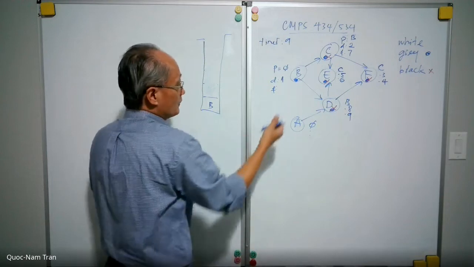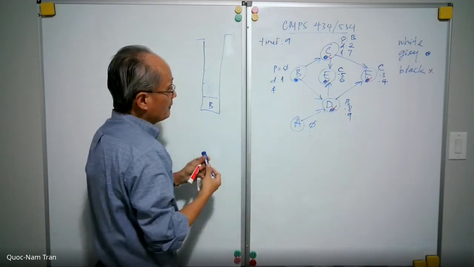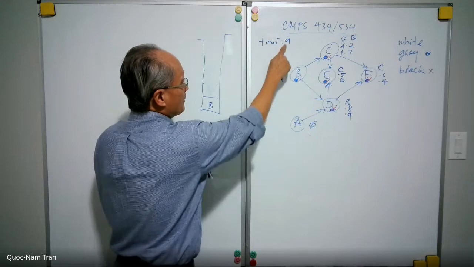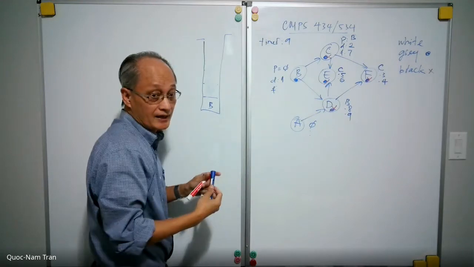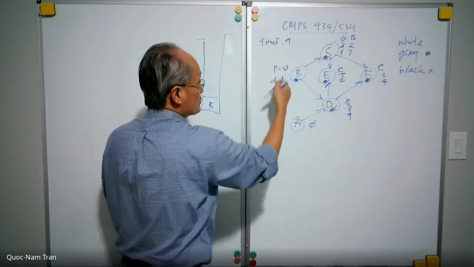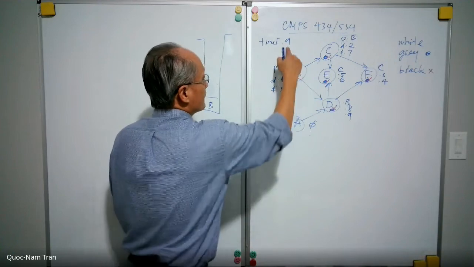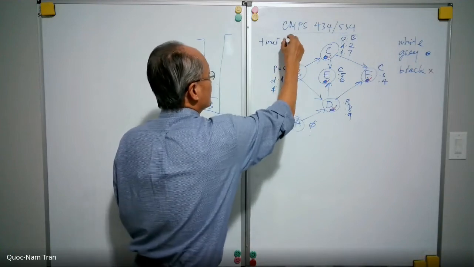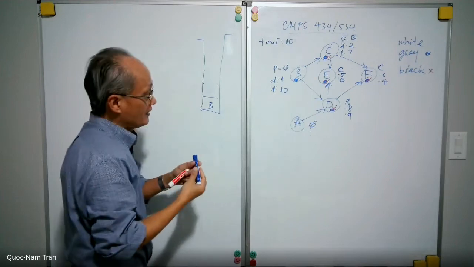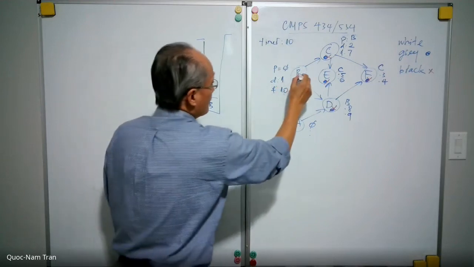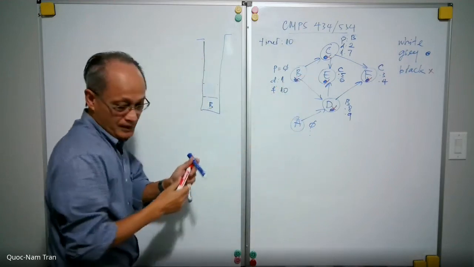Hence, we record the finishing time. Timer is 9, now is 10, right? 9 plus 1 is 10. So we write 10 here, update the timer, and then change the color and pop B out.